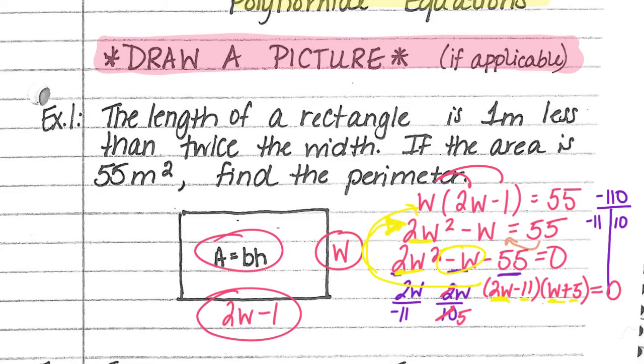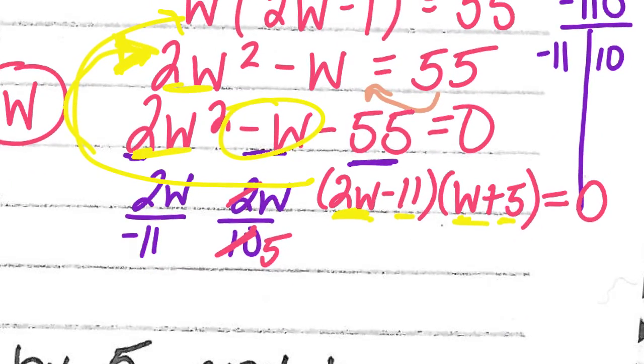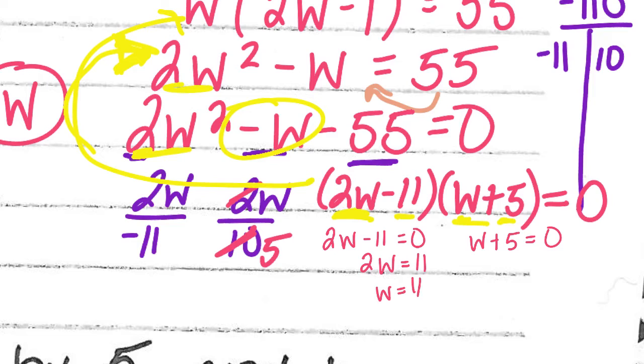And when I solve, remember I can set each of these equal to 0. So 2W minus 11 equals 0, and W plus 5 equals 0. 2W equals 11, and W equals 11 halves, and W equals negative 5.